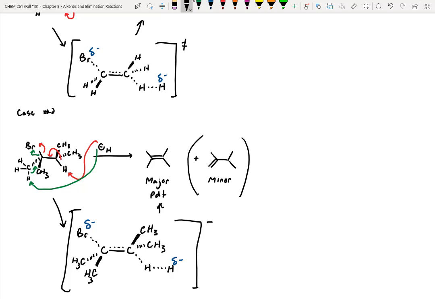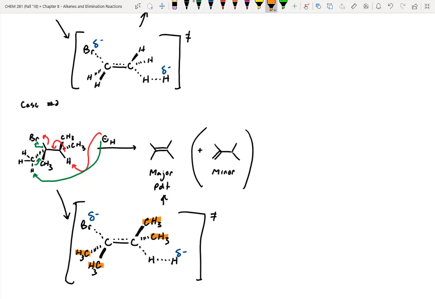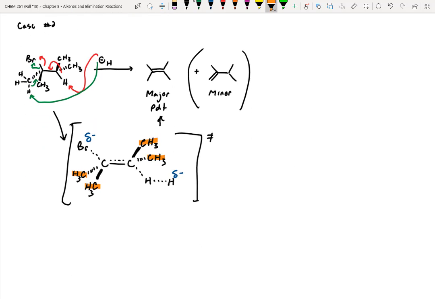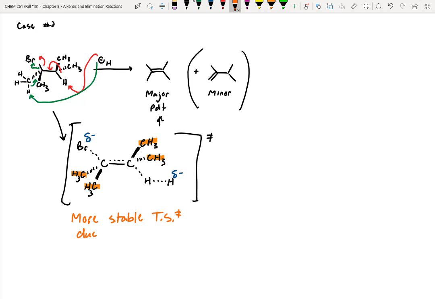So we've got two different transition states. This transition state on the bottom is a lot more stable due to the hyperconjugation imparted by each of those methyl groups. So this should be the more stable transition state, due to hyperconjugation.